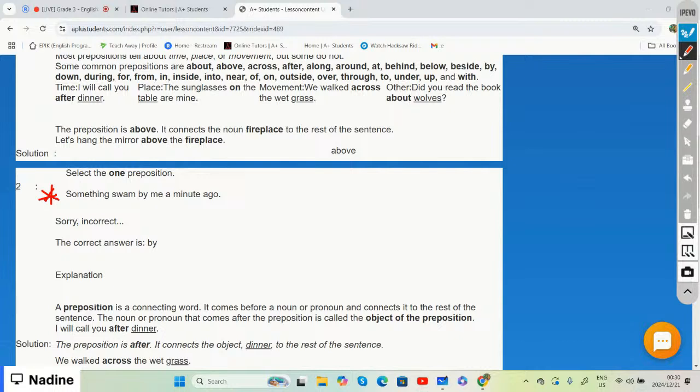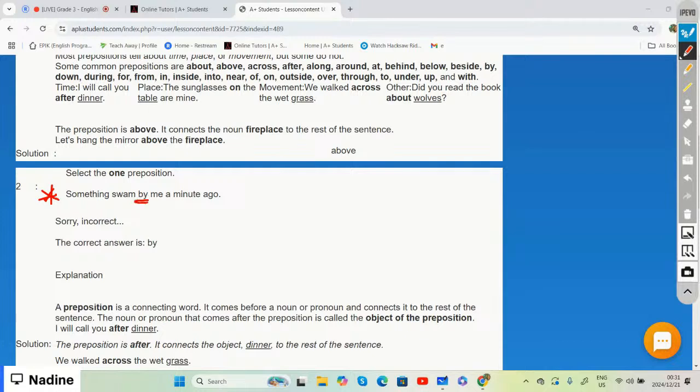We need to identify the preposition within that sentence.